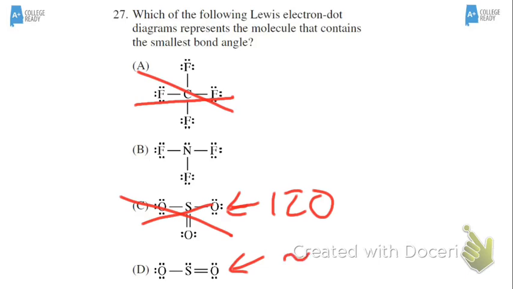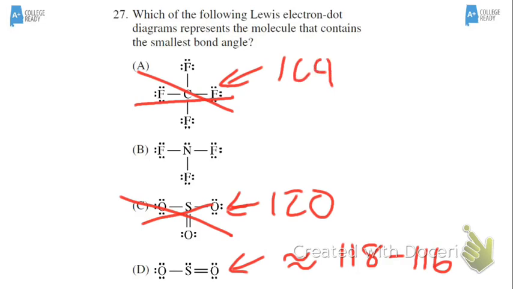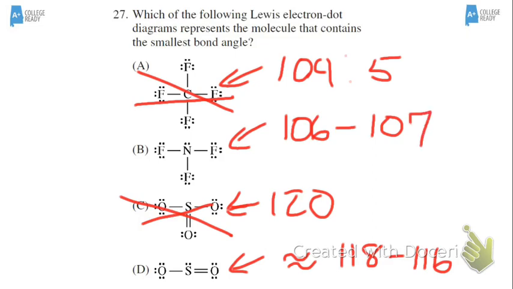So then this one would have to be between 118 and 116. For A, we said it's 109 degrees, which means that it's going to push this down by about 2 to 4 degrees. So it's going to be between 106 and 107, something like that. But anyway, B should be our answer for this, because it should have the smallest bond angle.